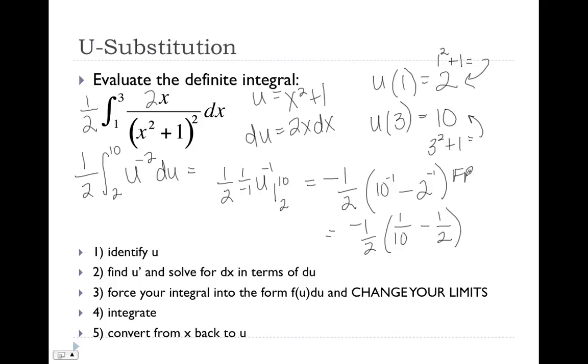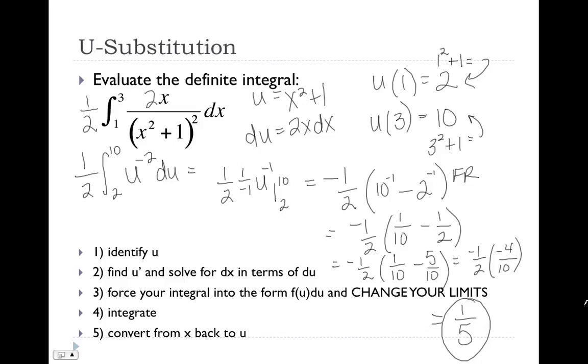Free response, I stop here. Multiple choice, I guess we got to be able to do this. So this is negative 1/2 times 1/10 minus 5/10. Okay, and so that's negative 1/2 times negative 4/10, which as my final answer should give me positive 1/5. Yeah, I think that's right.